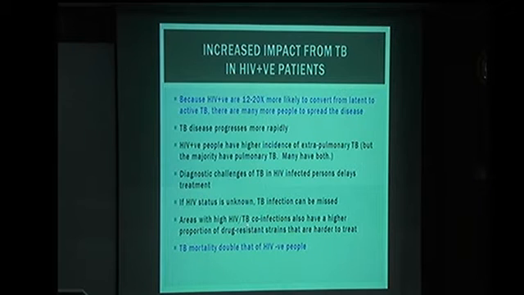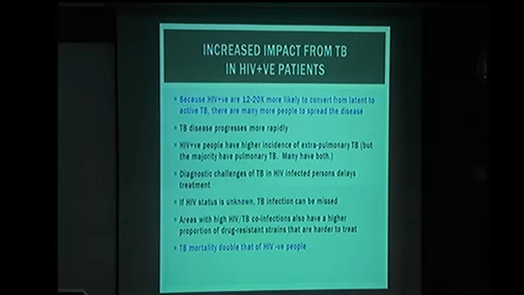And areas with high HIV-TB co-infection coincidentally also have a higher proportion of drug-resistant strains. So that adds to the complication of treating those people. TB mortality in HIV-positive people is double that of HIV-negative people.